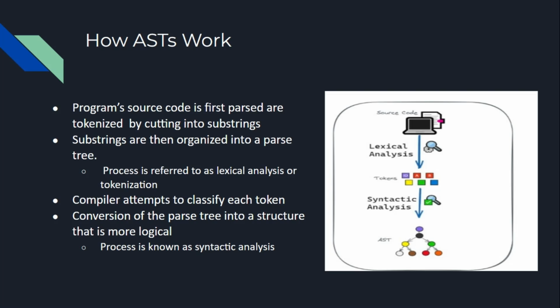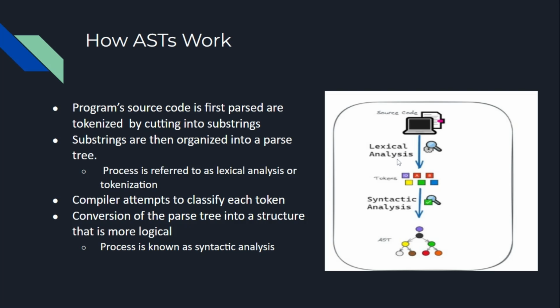The way it works is that a program's source code is first parsed, or tokenized, by cutting it into substrings. These substrings are then organized into a parse tree. This process is referred to as lexical analysis or tokenization.